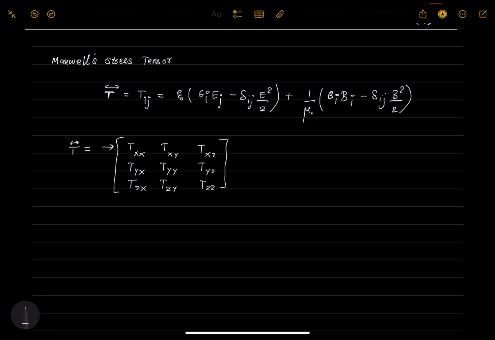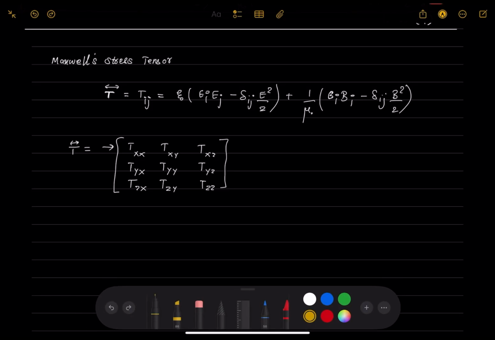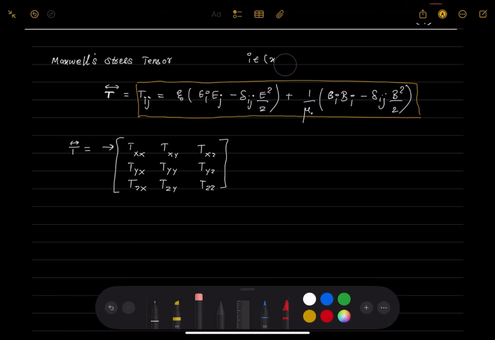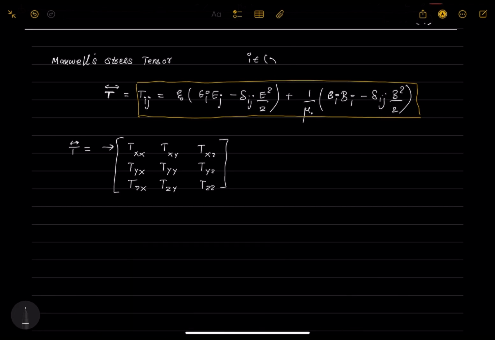All right, so let's talk a bit about the definition of each element, right? So each element is actually defined for i and j. And i and j, by the way, can be x or y or z. In fact, let me capitalize everything, right? i can be either the x component, the y component, the z component. j can also be either the x, y, or z component.